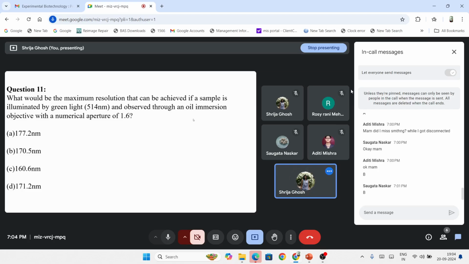I'm not expecting you to solve it right away, but I can ask you one thing. Any one of you can tell me what resolution is. If you know what resolution is.